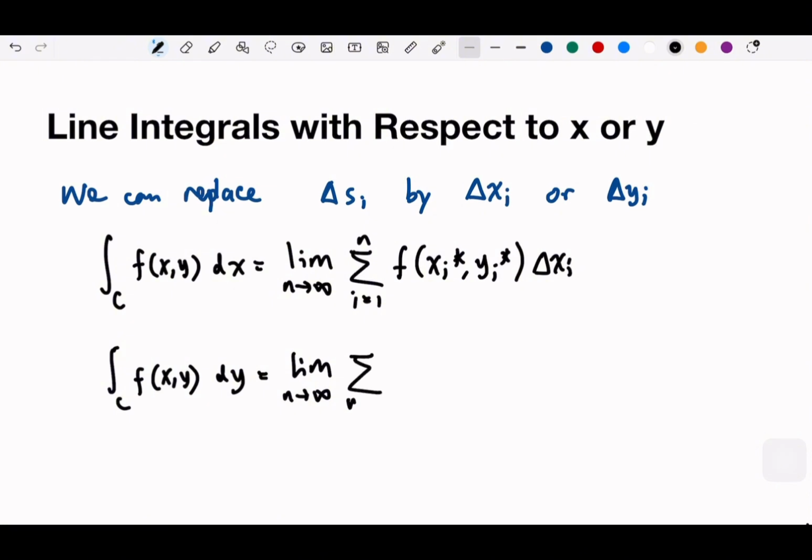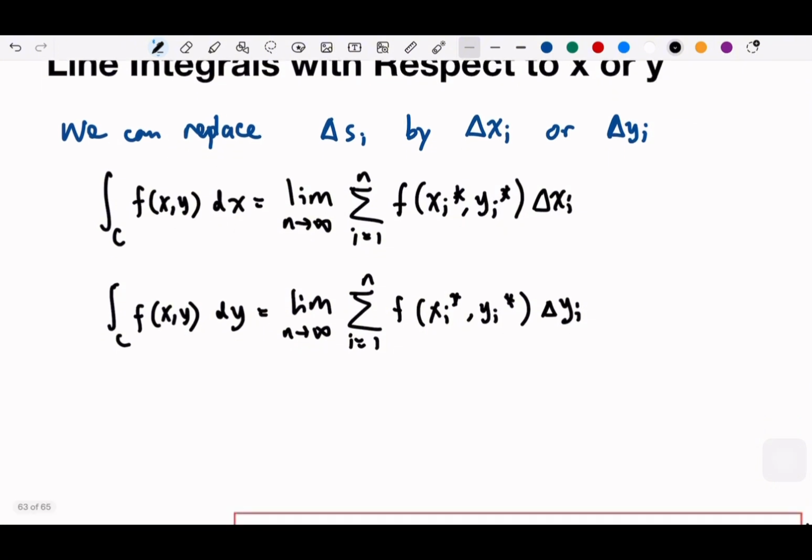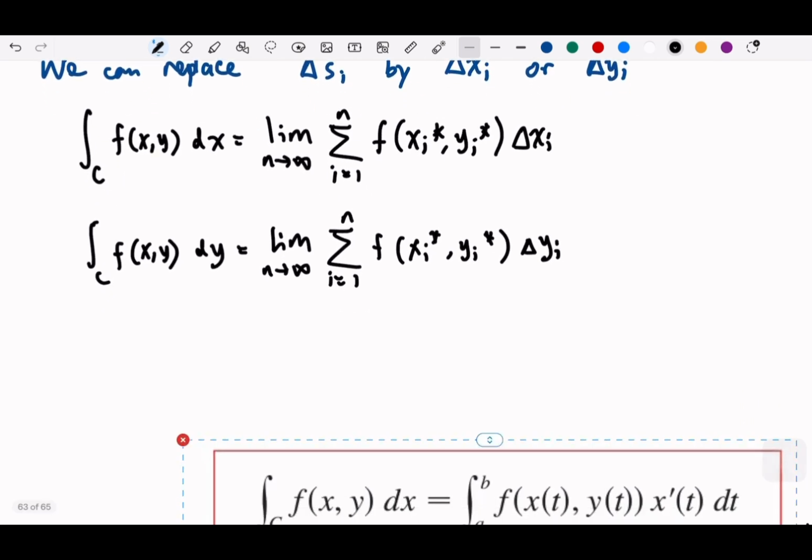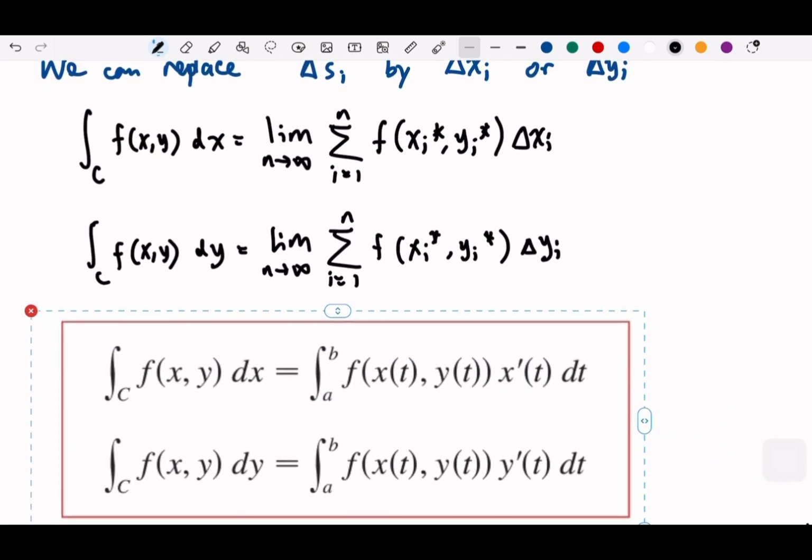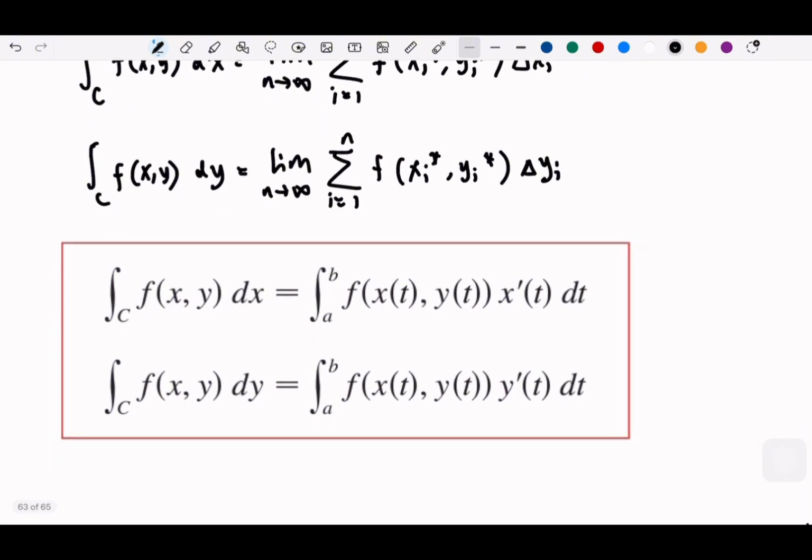So the Riemann sum we can basically write as this definition.